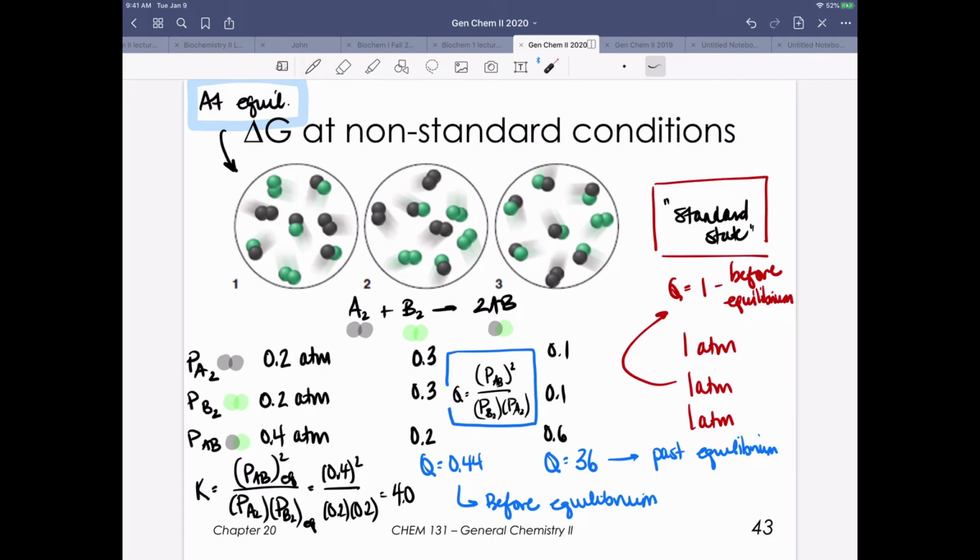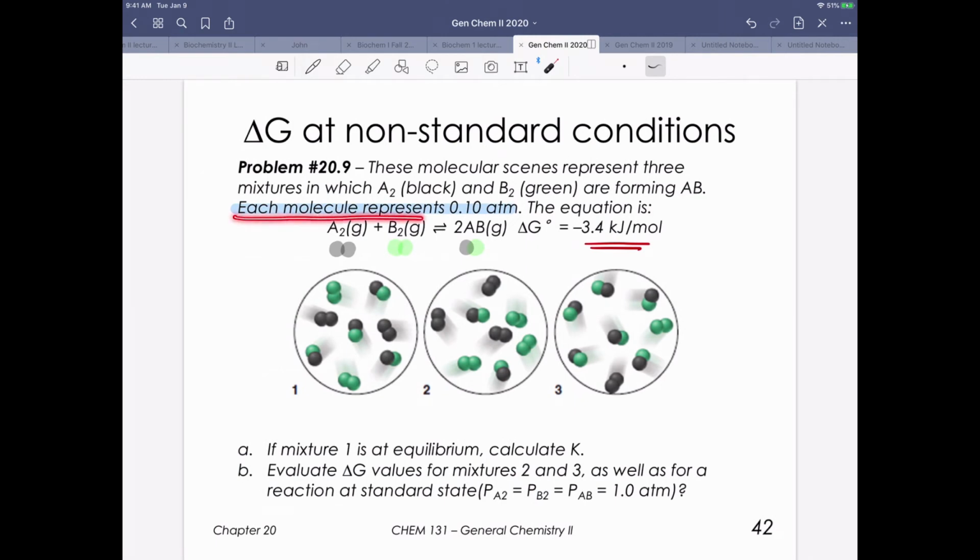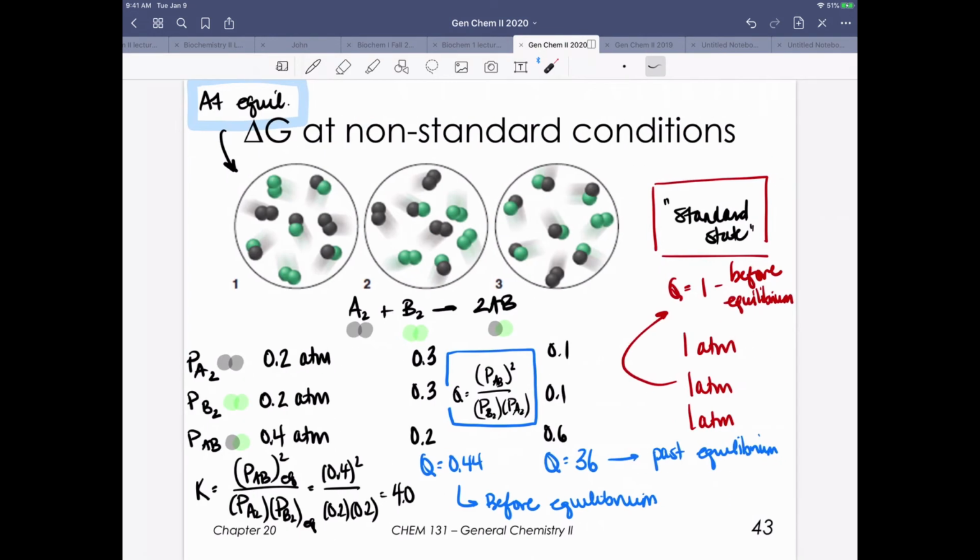Okay, so remember, in order to figure out things with molecular scene problems, that usually involves counting, right? So I've written under each molecular scene what the concentration is of each species. Highlighting here, each molecule represents 0.1 atmosphere. So each time we see one of these, it represents 0.1 atmosphere.